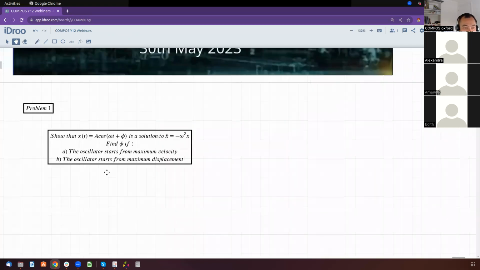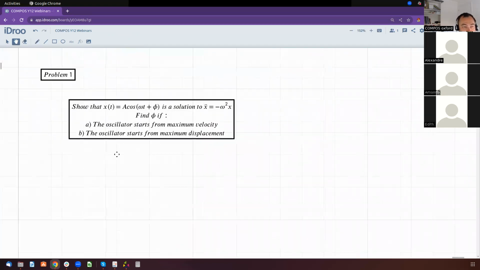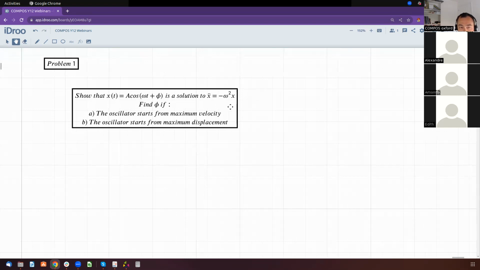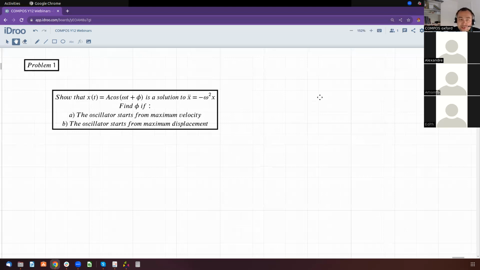So let's have a look at the first problem. Show that x equals a cos(omega t plus phi) is a solution to x double dot equals minus omega squared x. Well, this is a differential equation, which contains x, a function of t.